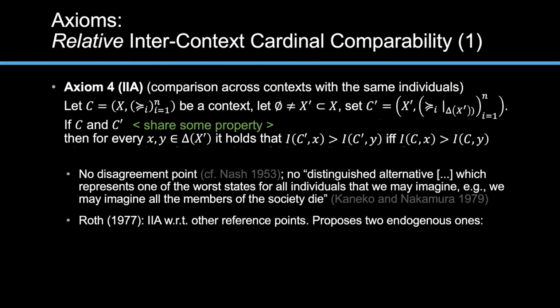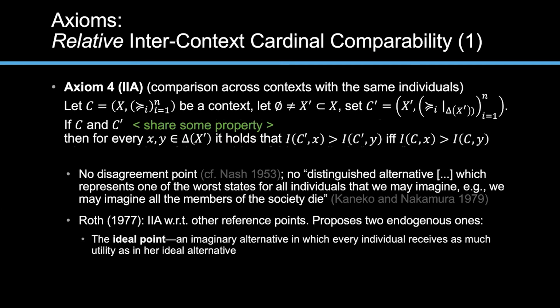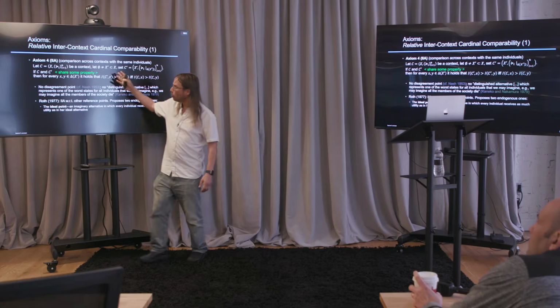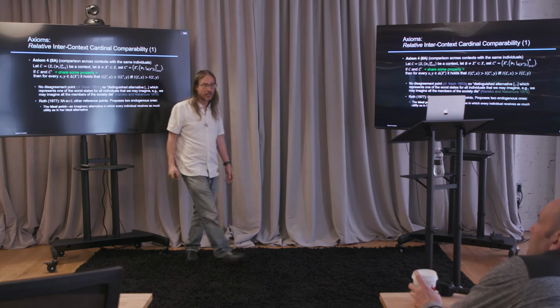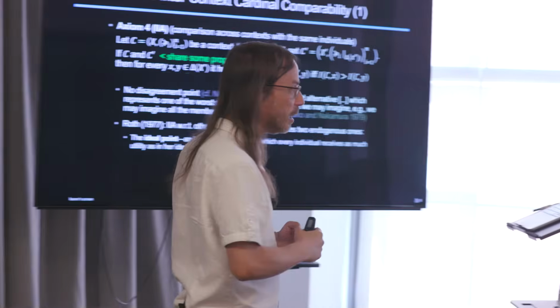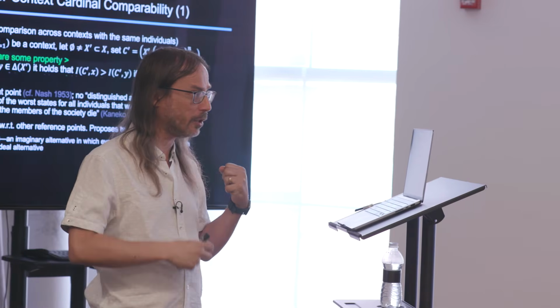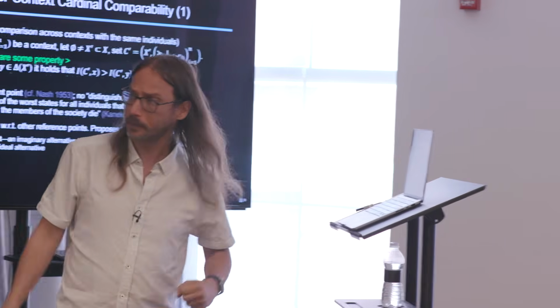Fortunately, Al Roth, before he was a matching guy, he was a bargaining guy, and he looked at IIA with respect to other reference points, not the disagreement point. In particular, he looked at 2 endogenous points. One of them he called the ideal point. It's an imaginary alternative in which every individual receives as much utility as in her ideal alternative. So formally, two contexts have the same ideal point if each individual is indifferent between their favorite alternative here and their favorite alternative here.